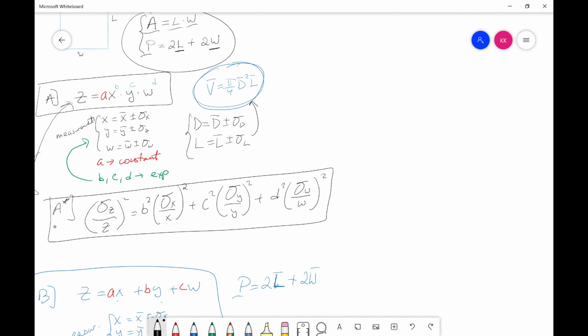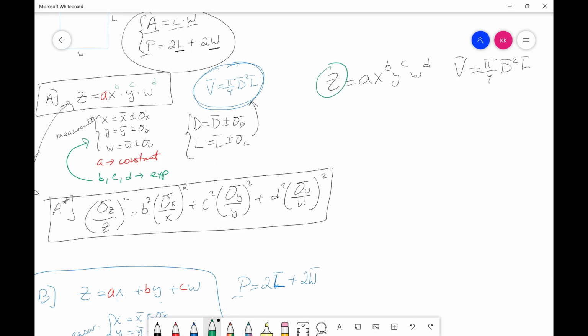So I needed a new technique, which is this particular technique, to find that. So let's do that then. What you do here is this. So this is your Z equation, Z = AX^B Y^C W^D. And then use your volume equation: average volume equals pi over 4 times average diameter squared times average length. So what you do here is simply look at each equation and directly compare each term.